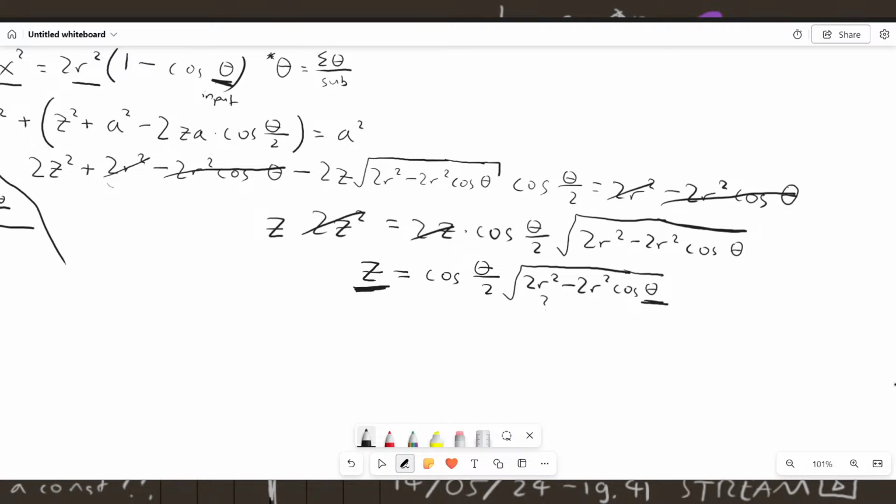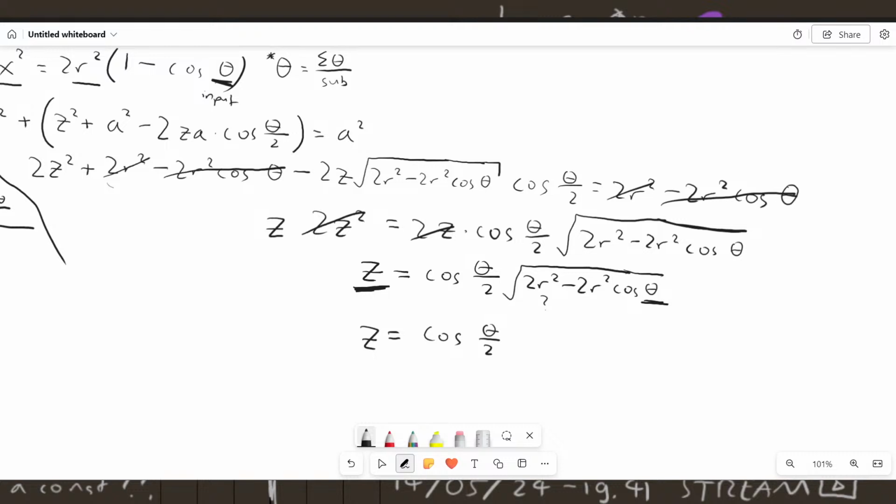But the problem is, I think now I have to inverse the entire thing. Oh wait, not really, because I can just input the r. Yeah, I should just input the r and just use the z for everything. Okay, let's do something else. So z, I'm gonna simplify it. So cosine theta over 2. What's the rule for dividing cosine?